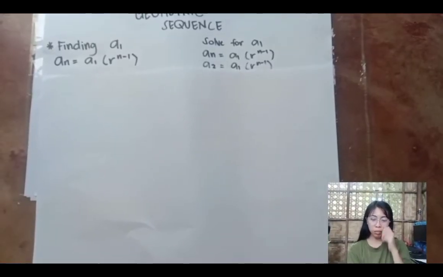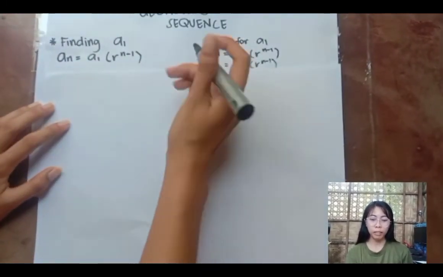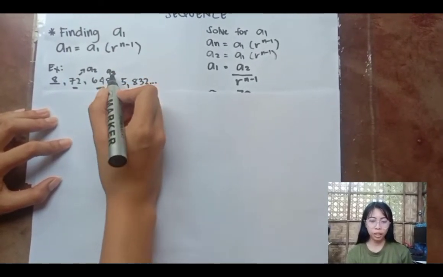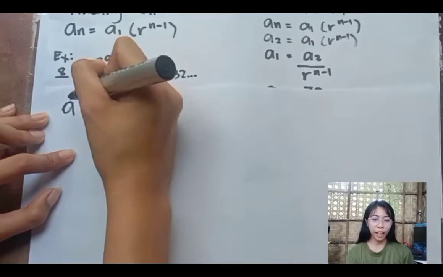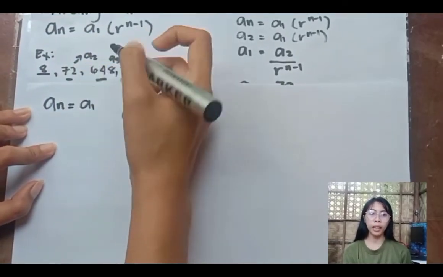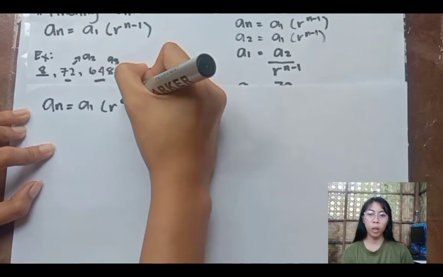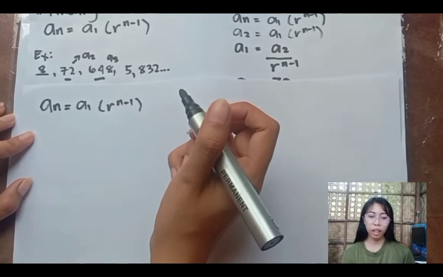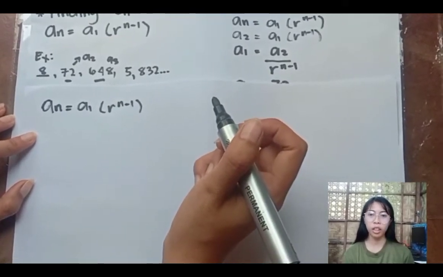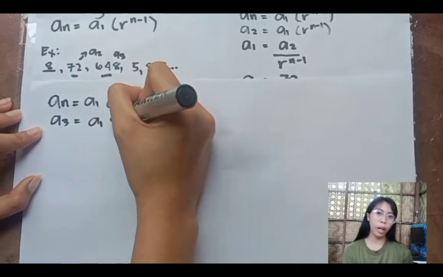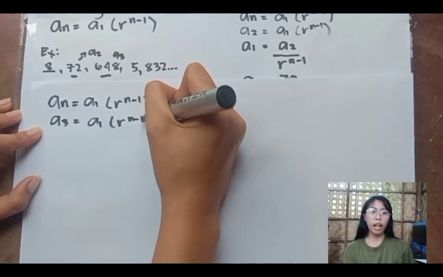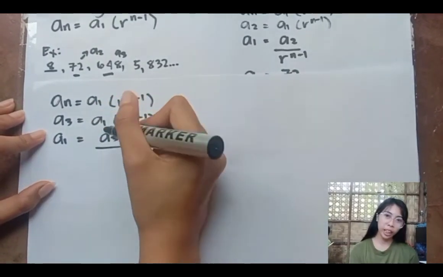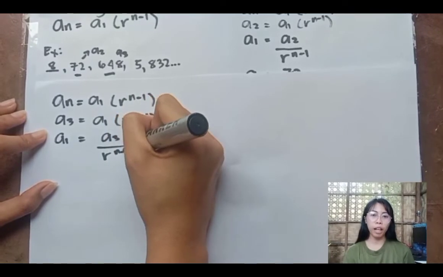At this time, the third term. Given this 648 as our third term, let's solve for it. A sub n is equal to a sub 1 times r to the power of n minus 1. Our n is 3, which is the third term. A sub 3 is equal to a sub 1 times r to the power of n minus 1. A sub 1 is equal to a sub 3 over r to the power of n minus 1.